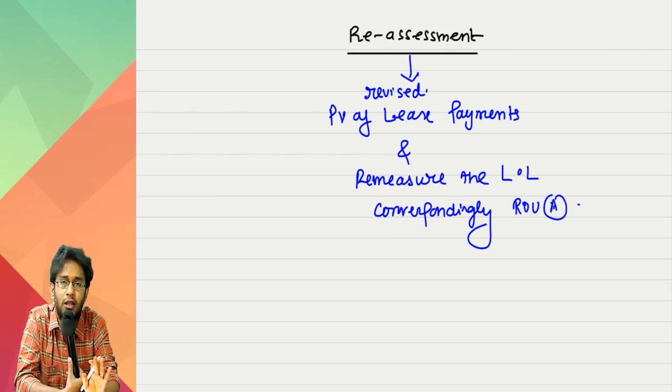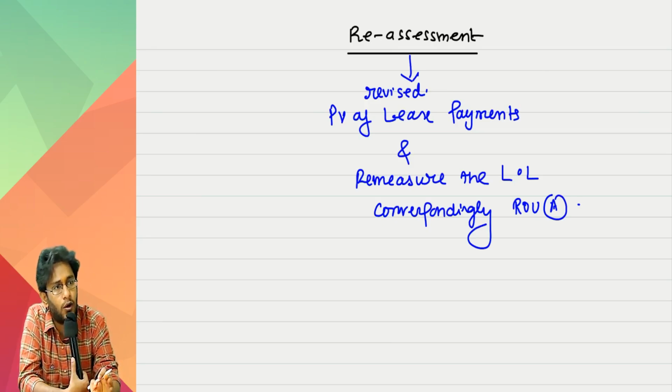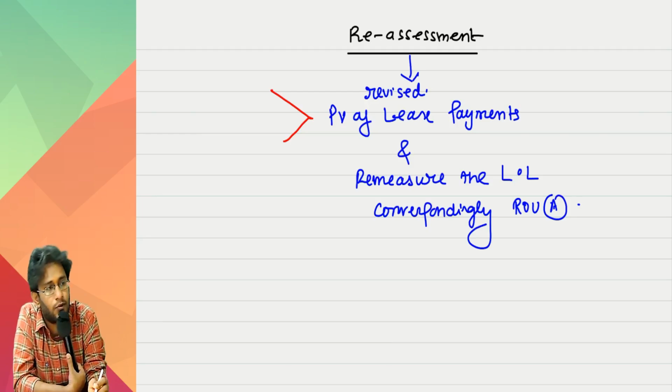That's all you have to do, nothing will go to P&L. You simply update your lease liability based on your revised terms and the corresponding effect, either increase or decrease. So your entry will be basically ROU asset to lease liability or lease liability account debit to ROU asset, as simple as that. Here the only one point where you should be careful is which discounting rate you should use.